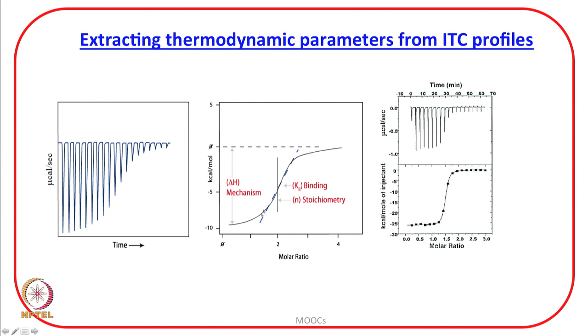And if we take this as a fitted data, now let me talk something about fitting of the experimental data by a suitable model. The experimental points, in terms of the amount of heat liberated or absorbed versus the injection number or versus the molar ratio, do not recognize what is the mechanism of the reaction.